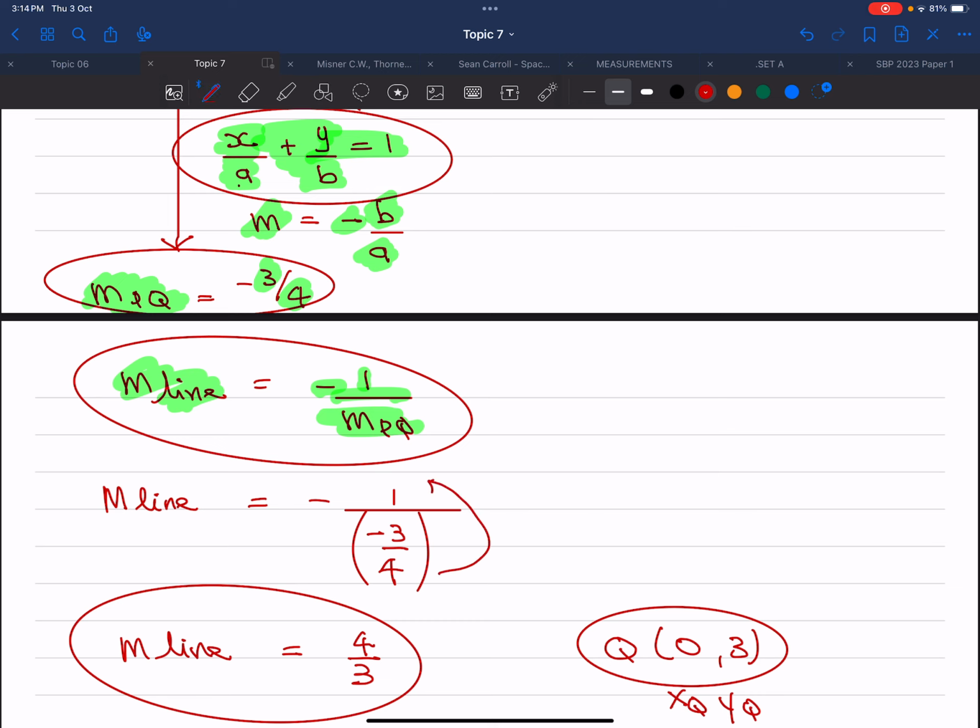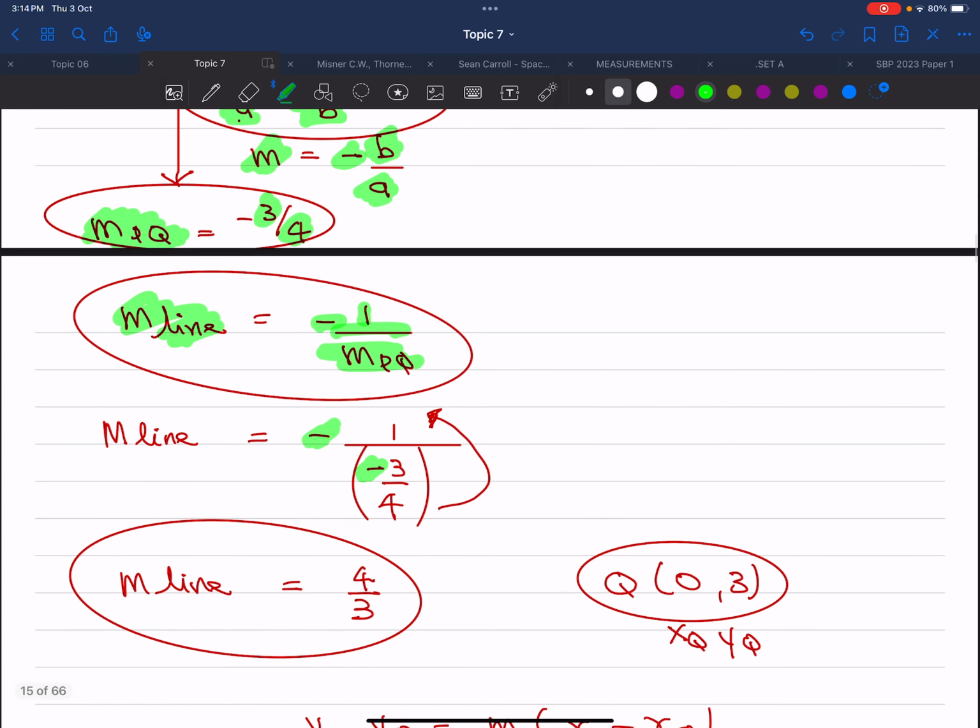Negative and negative become positive, and 3 over 4 becomes 4 over 3. So finally, we have the gradient of the line, and we have the coordinate of Q, which I label xq, yq.